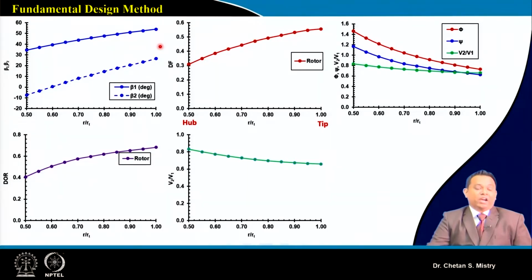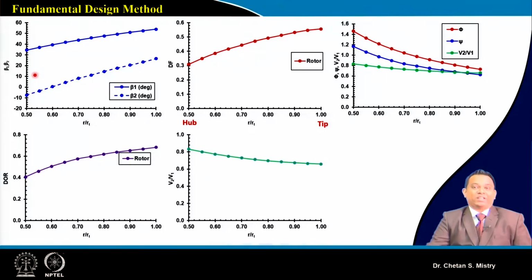Again, based on the delta P0 you select at different stations, the delta beta is in your control. You can adjust your delta beta as per your expectation and requirement. If you are looking for a highly twisted blade or a low twisted blade, accordingly we need to check.